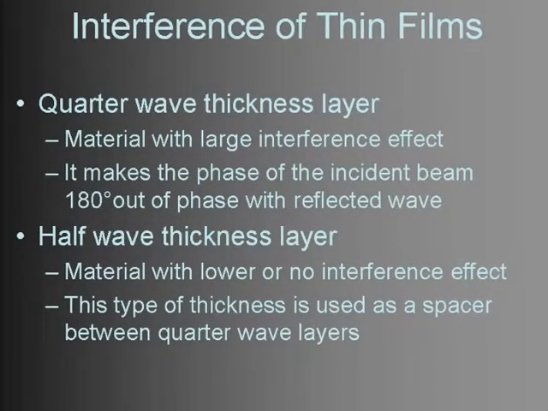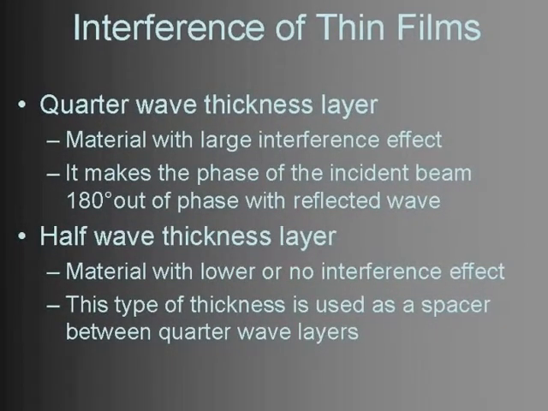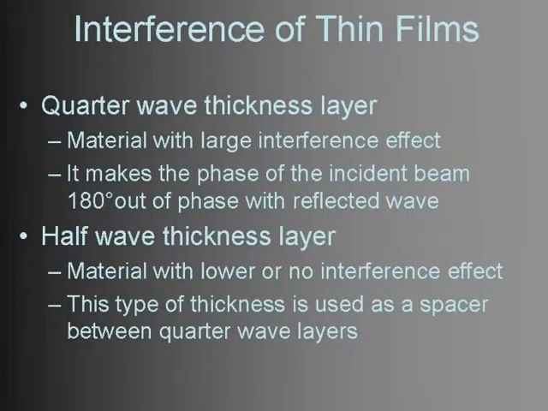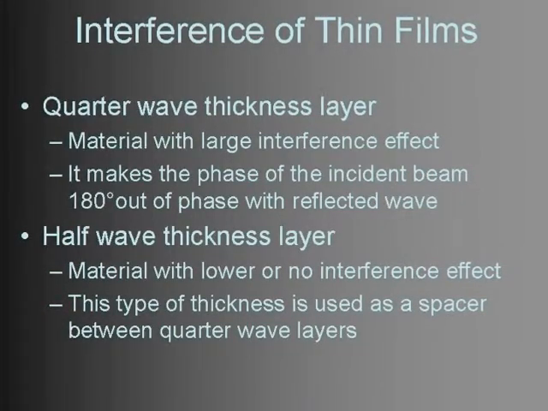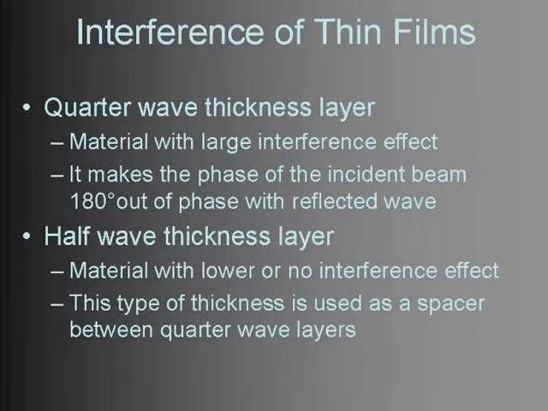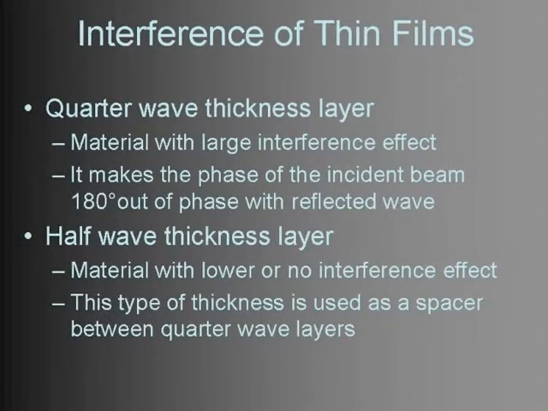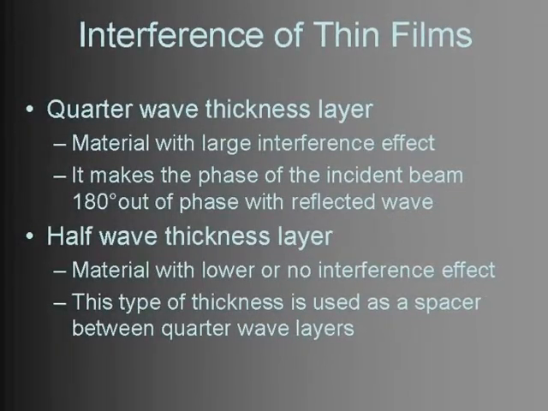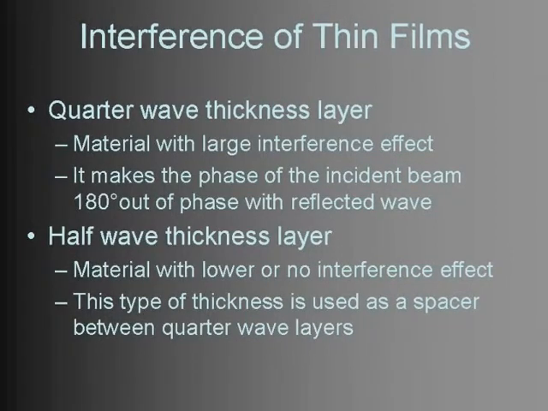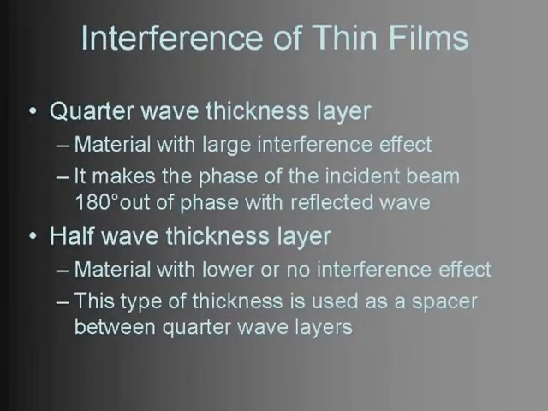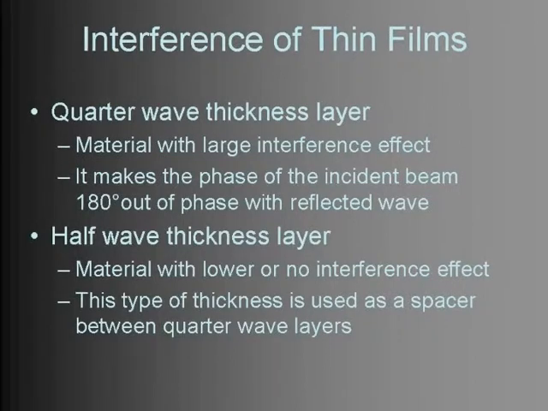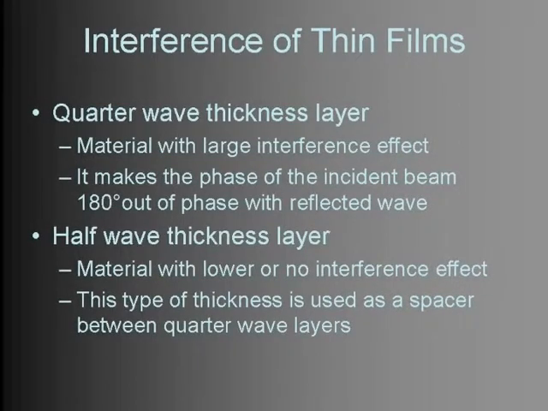On the other hand, we have the half wave layer. This layer doesn't really cause much interference. Half wave thickness will not put the incoming beam out of phase. It's usually used for spacing between quarter wave stacks, which will be covered later on.